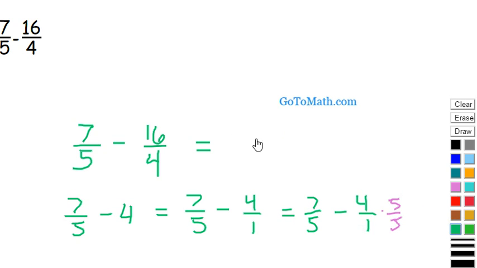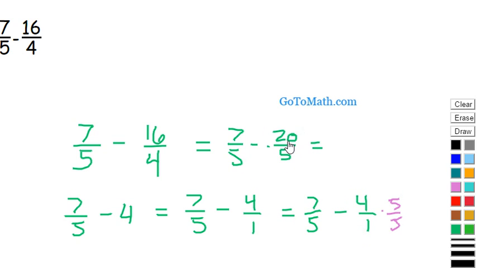And so we end up with 7/5 minus, 5 times 4 is 20. One mistake after the next here. 5 times 4 is 20, so you want to make sure you do that over 5. And if you reduce that down, you should get 4 over 1. But the idea here is to get a common denominator.